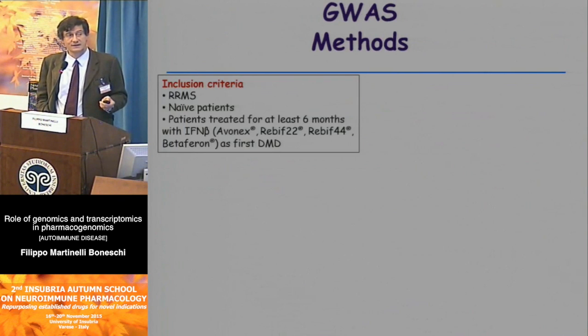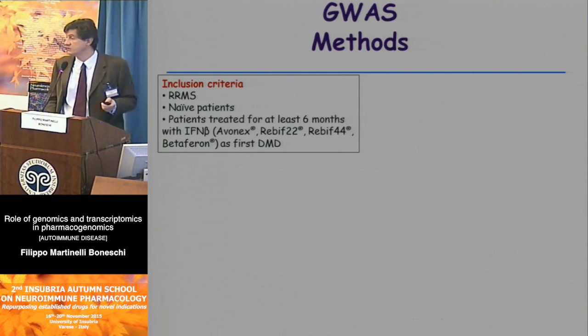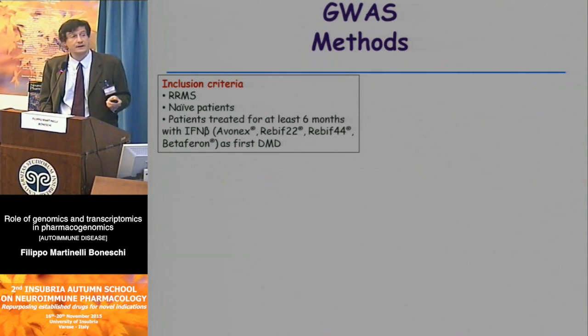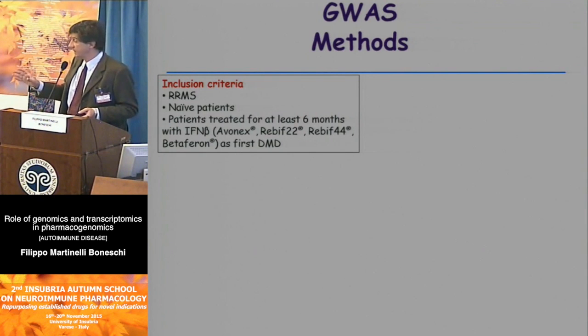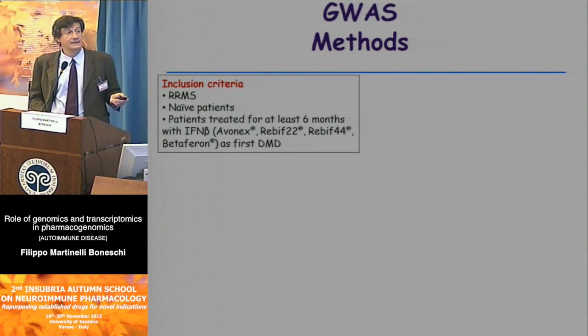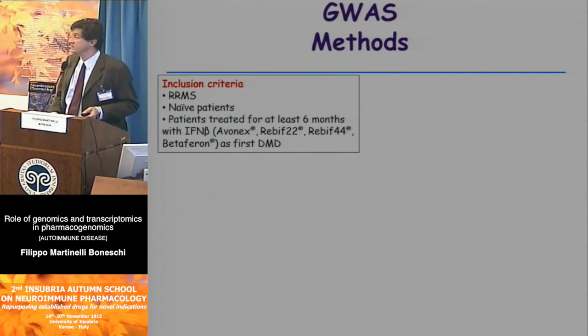So we started 7 years ago by collecting patients with a particular form of multiple sclerosis, which is called relapsing remitting. They have to be naive patients, so patients treated with interferon as a first drug, okay? And we also asked for a treatment for at least 6 months with Interferon-beta. So the minimum treatment was 6 months.